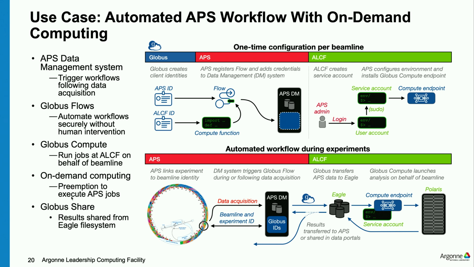The other example is the automated APS workflow with on-demand computing, and this is something that has been done pretty recently. I will try to describe that. If you look at the picture on the bottom, there is a ring, which is the APS, the Advanced Photon Source, which generates high-intensity X-rays used to study materials and many other things.